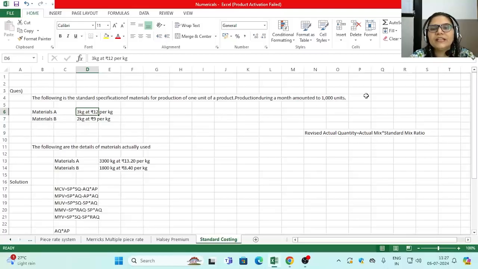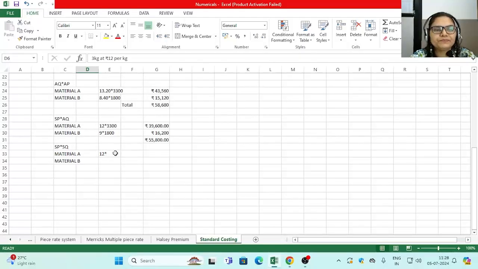It will be 3 into 1000. I repeat, 3 kg is the standard quantity given for 1 unit of production. Now we have actually produced 1000 units, so we will calculate the standard quantity for the actual quantity produced. That is 3 into 1000, which will give you 3000.